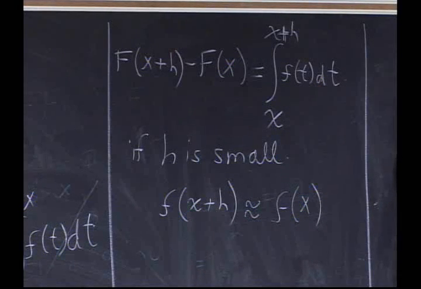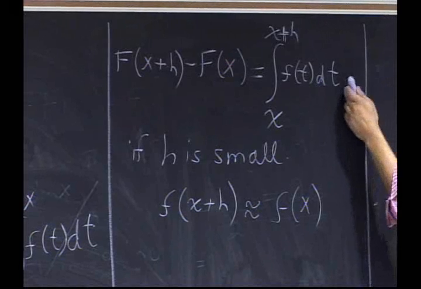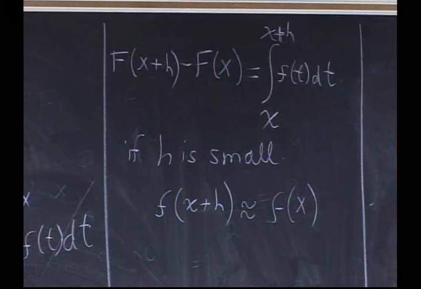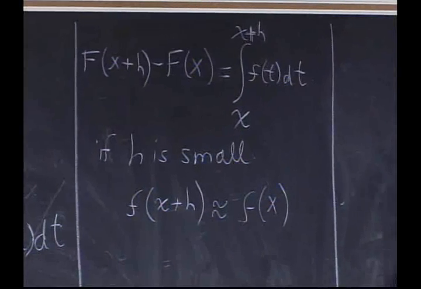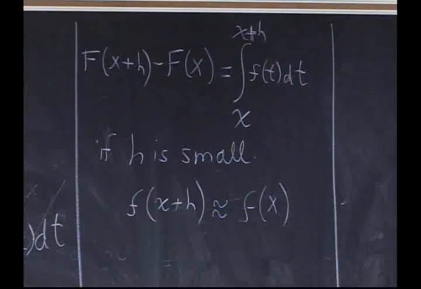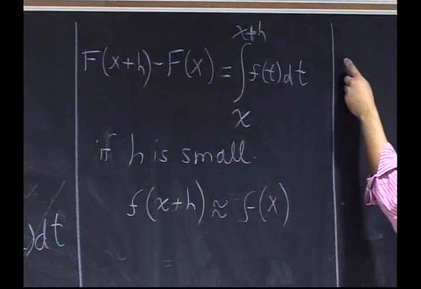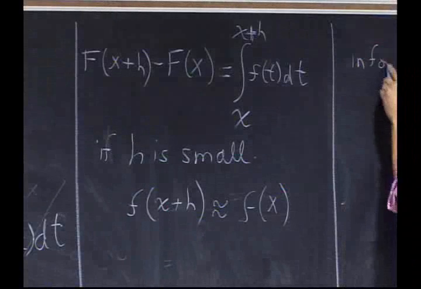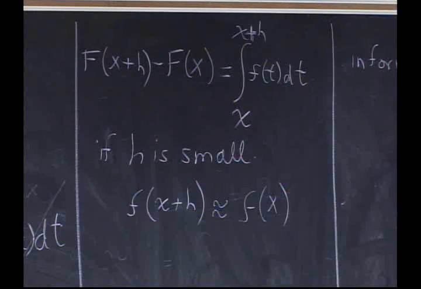Let's see over here. If I were to think of this in terms of its Riemann sum, what I'd like to do is cut up this interval into really small pieces, right? But the point is, I'll do this very informally.